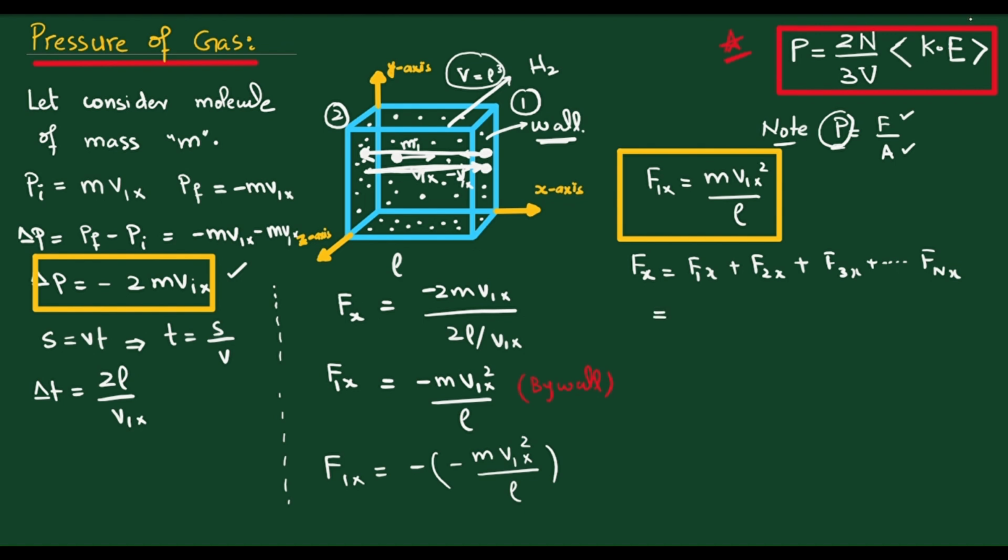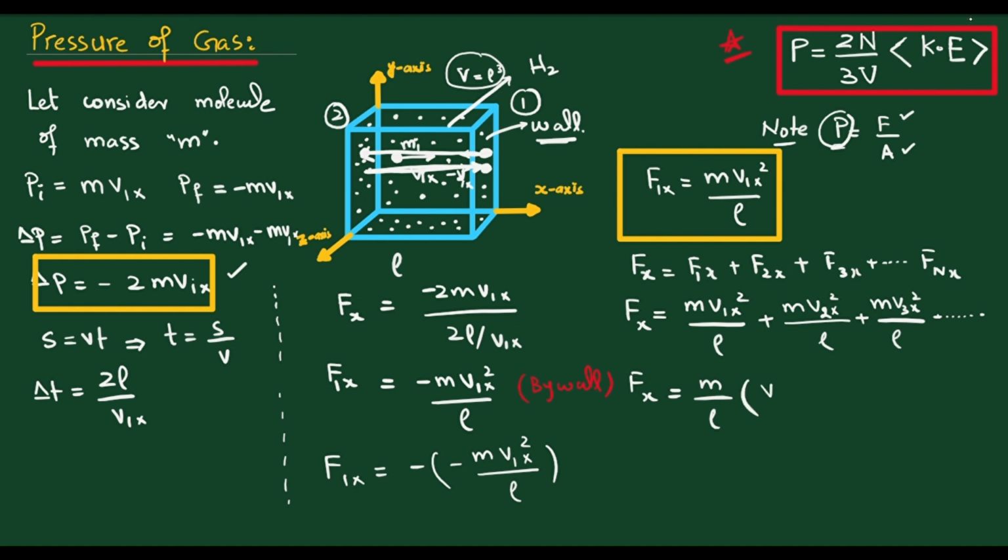F1x we calculated as m v1x square divided by L, plus m v2x square divided by L, plus m v3x square divided by L, and so on for n terms. Now Fx is equal to m over L, which is common to the whole equation, times v1x square plus v2x square plus v3x square plus so on up to vnx square.